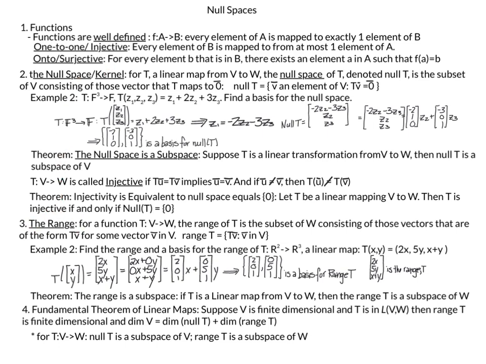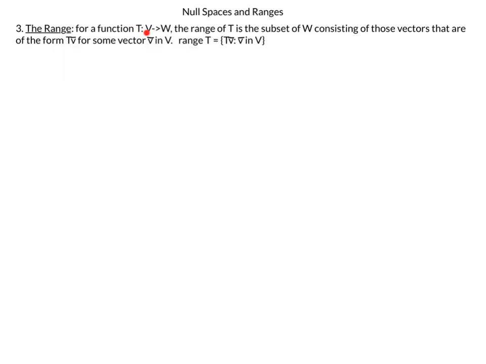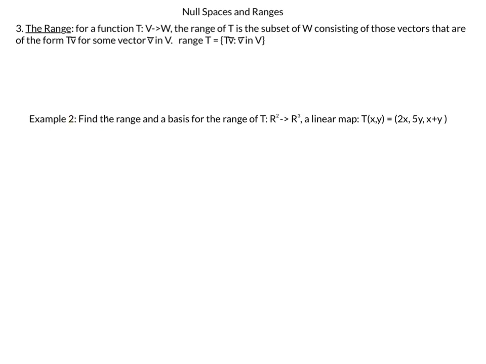So the next thing to do is just to introduce the idea of range and also the fundamental theorem of linear maps. The range of a function T from V to W is the subset of W consisting of those vectors that are of the form T of v for some vector v in the vector space V. So the range of T is equal to the vectors T of v for some v in the vector space V. We have an example, which is to find the range and a basis for the range of the transformation from R2 to R3, where we have T as a linear map, T of (x, y).